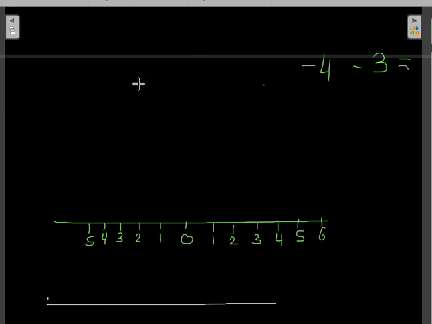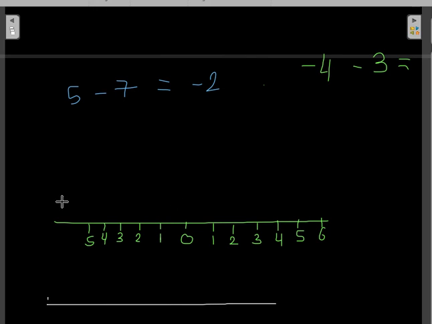Let's make it a little different from the first two. This time, let's start with a positive number. Let's say positive 5, and let's put minus 7. So positive 5 minus 7. What is the answer? The answer would be negative 2.